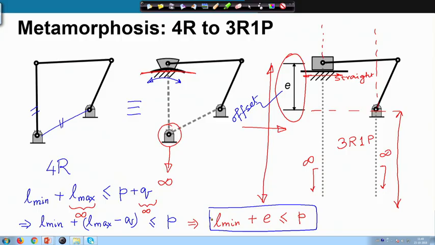So, this is our Grashof criterion for a 3R1P chain. So, the sum of the minimum link length plus the offset should be less than the link length of the remaining link.